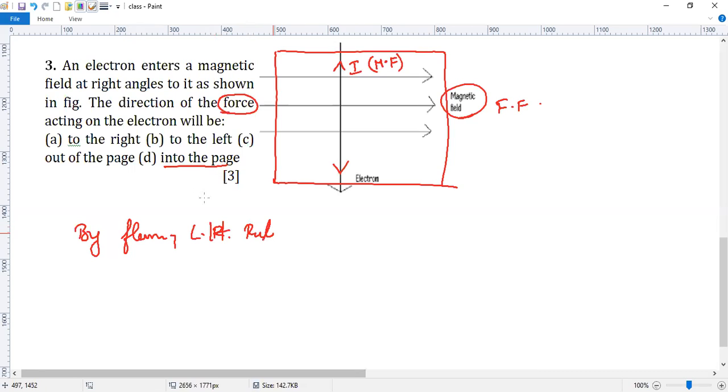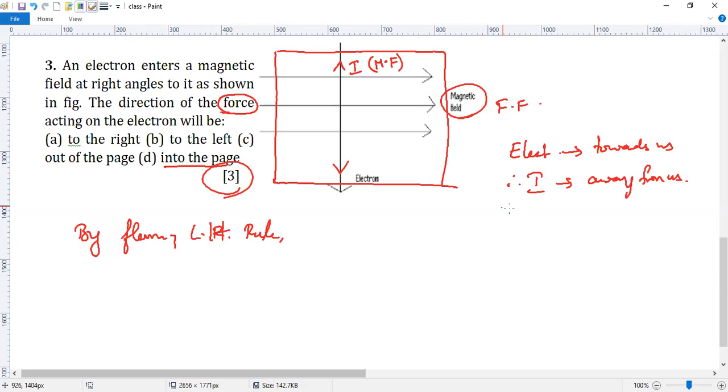Okay, what will you write? For a 3 mark question, you have to explain everything. When you open up the three fingers: the direction of the electron is towards us, therefore the current will be away from us. And the magnetic field direction is from your left to right.